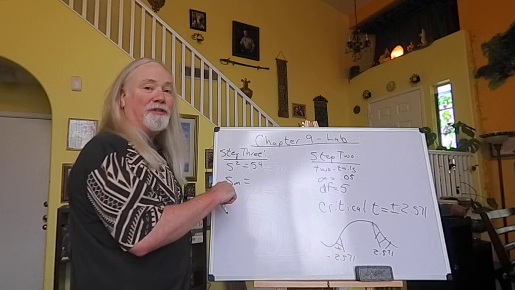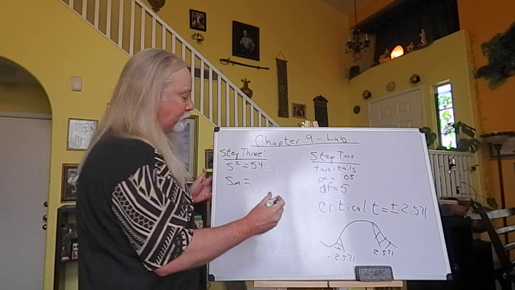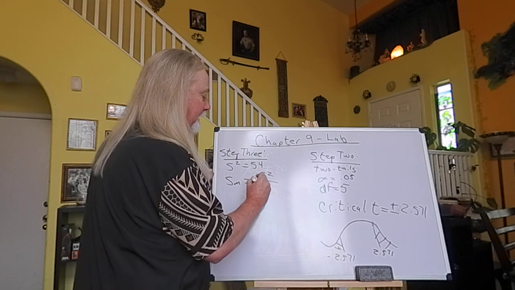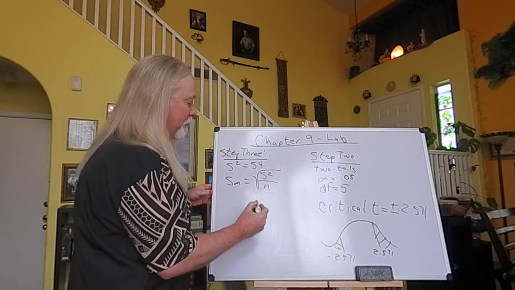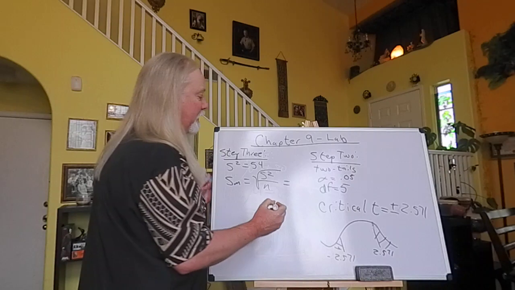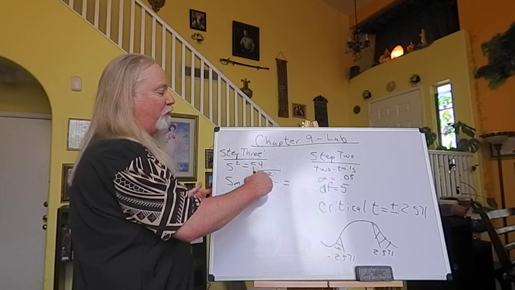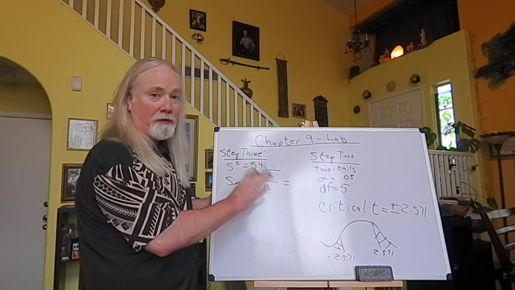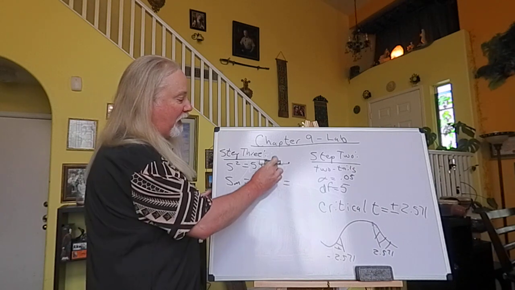So our estimated standard error, we know the formula for that is sample variance over sample size and then square root it. So when we compute that, plugging in our variance of 54, our sample size is 6. Remember, not degrees of freedom down there, the full sample size. Dividing that by 6.